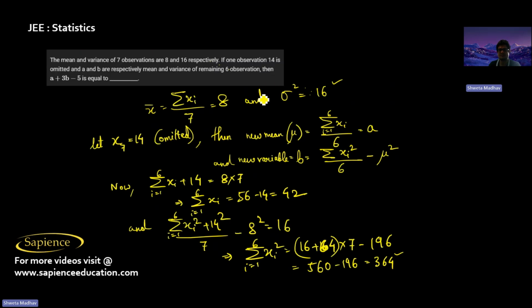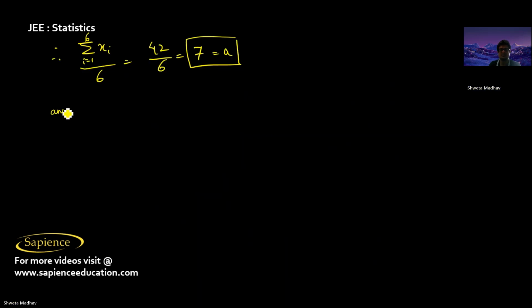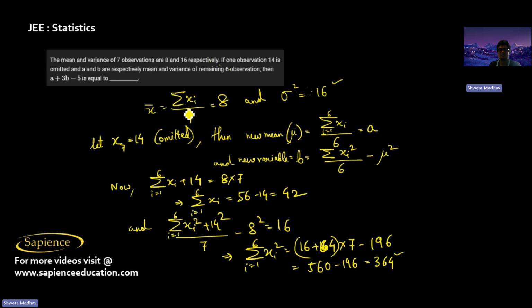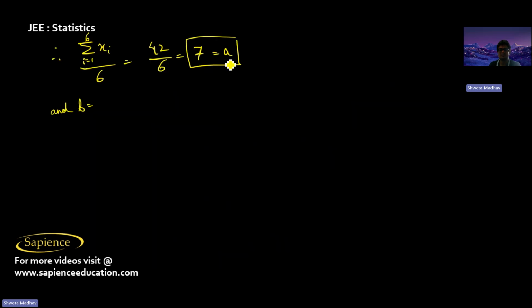Therefore, summation xi, i goes from 1 to 6, divided by 6, is equal to 42 divided by 6, that is 7. So A is 7. And B will be equal to summation xi square, i goes from 1 to 6, by 6 minus A square.